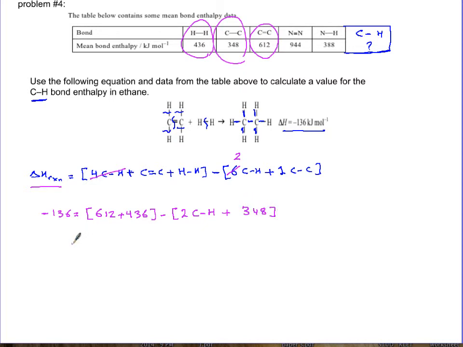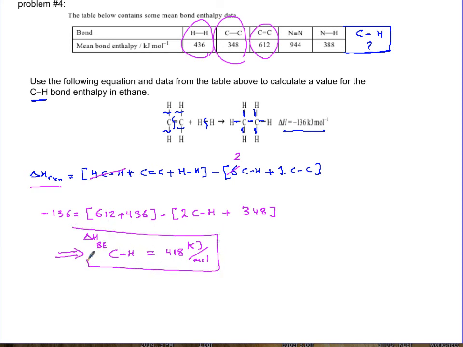When you do all the simplifications and your algebra, C to H, which you should calculate, should equal 418 kilojoules per mole for each one of them. So this is the bond enthalpy of C to H. Good luck.